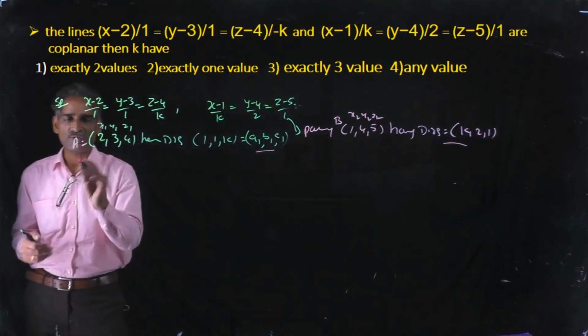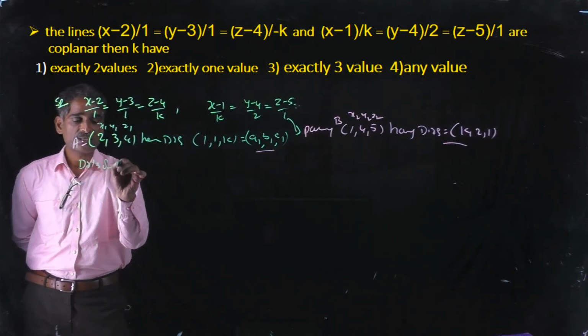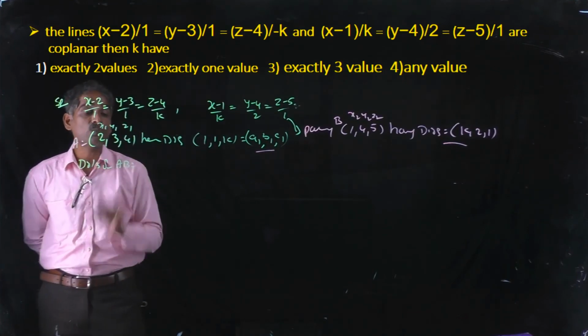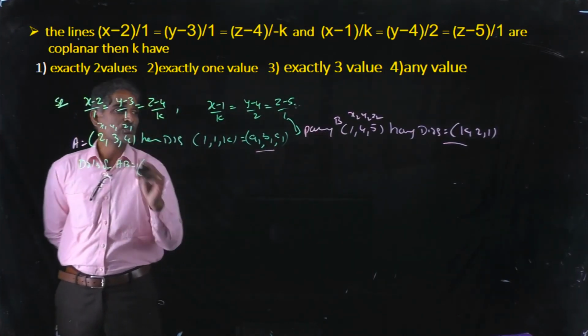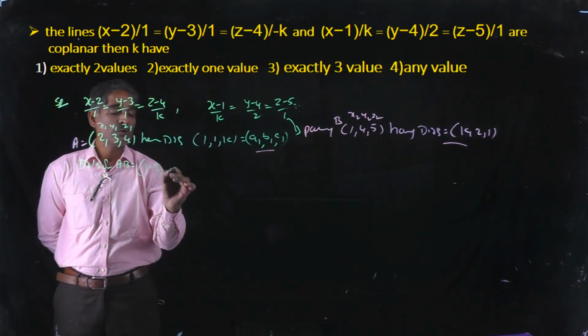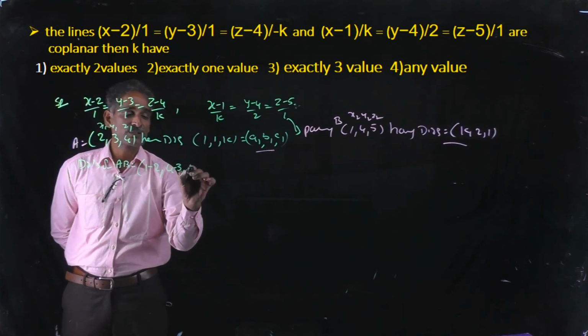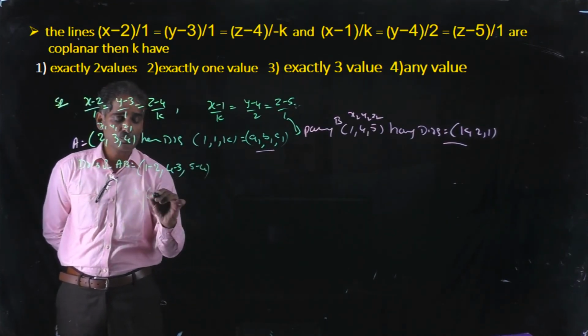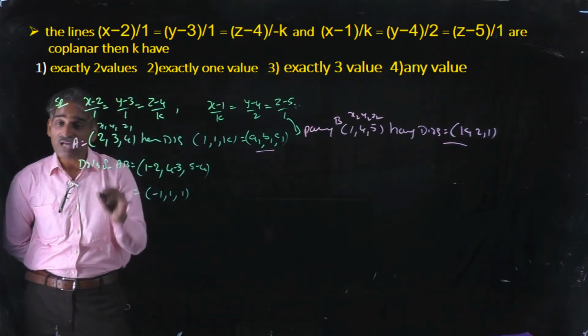Now DRs of AB is equal to x2 minus x1, 1 minus 2, y2 minus y1, 4 minus 3, and z2 minus z1, 5 minus 4. That is equal to minus 1, 1, 1. These are the DRs of the third line.